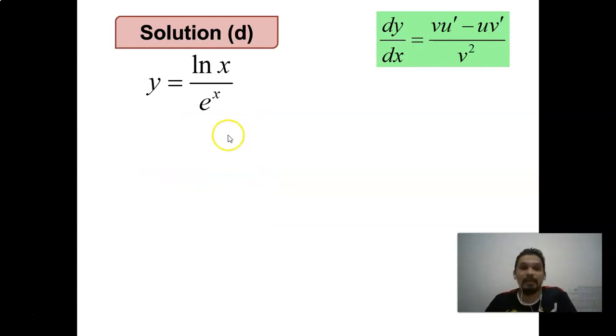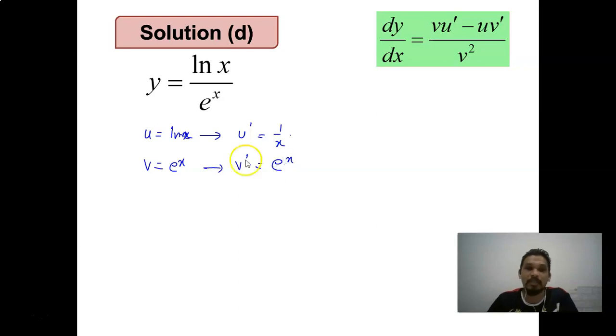Okay, now using this, this is the thing that we're going to use here. We list down that u equals natural log of x. Then u prime equals 1 over x, multiplied with the derivative of x which is 1, and v equals e^x, then v prime equals e^x.